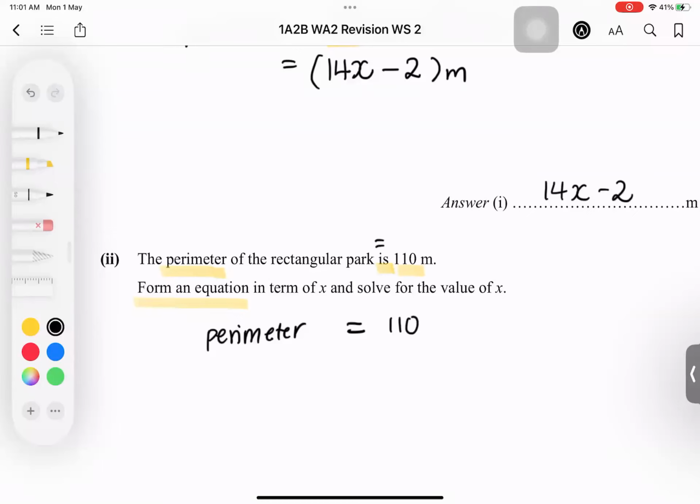Is means equal. So our perimeter is this expression. We bring it down. 14x minus 2 equals 110. Method mark, 1 mark. If let's say your answer in part A you simplified wrongly, never mind. You use the answer and put it down into part B, you still get 1 mark. You write the equation, you get 1 mark.